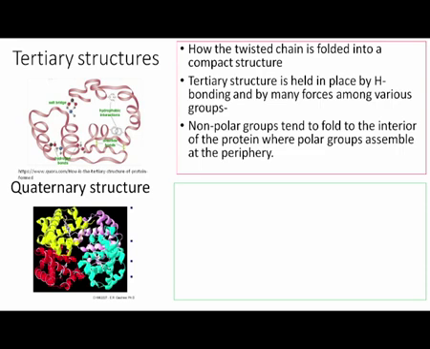So, here is an example. As you can see, each color here represents one polypeptide chain. Yellow shows one polypeptide chain, the red color shows another one, the third one and the fourth one, and in each polypeptide chain you can see they have essentially folded into an alpha helical configuration.